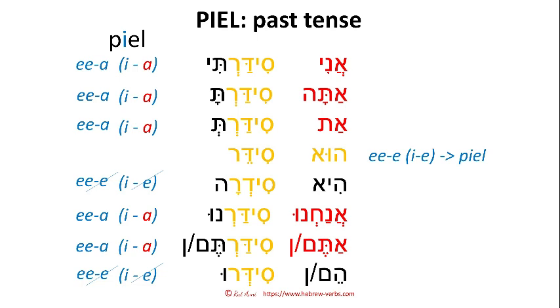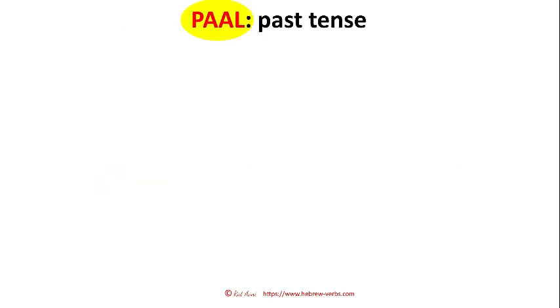So, how can you remember that? Well, look here. The a vowels appear in persons that start with aleph. Yep, that's it. So if you can remember a and aleph, you have everything you need. So back to PAAL.